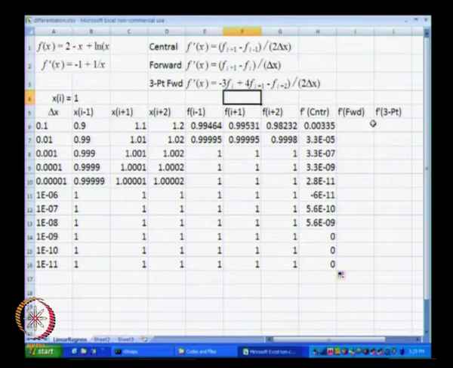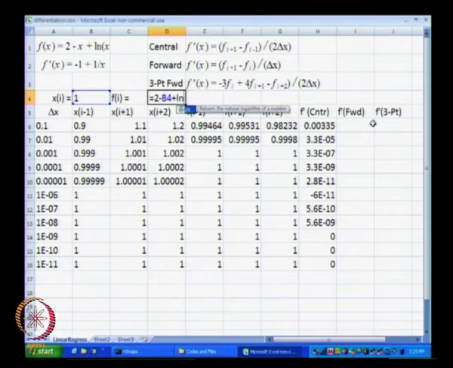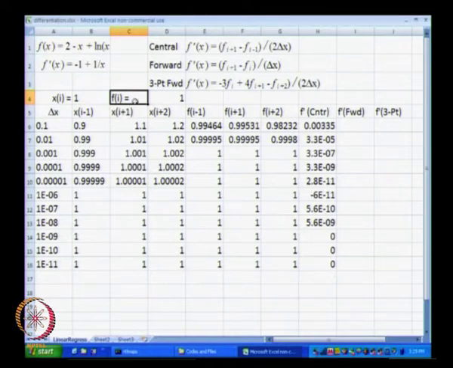For forward difference formula I will need f of xi. So f of I is going to be equal to, we will calculate that. So that value is equal to 2 minus xi plus ln of xi, okay. So f of I is going to be equal to 1 as well.